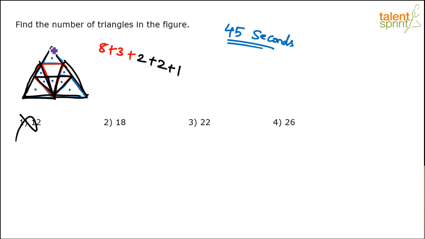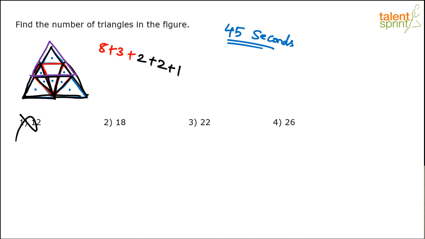Yeah, I think I did not consider this part in this triangle. 17, and then did I miss something? Yeah, 17 I've got. Even if I'm left in this situation in the exam, I would not mark 22 or 26 because it looks like I've counted almost all the triangles and I'm coming close to 17. Close to 18, of course.